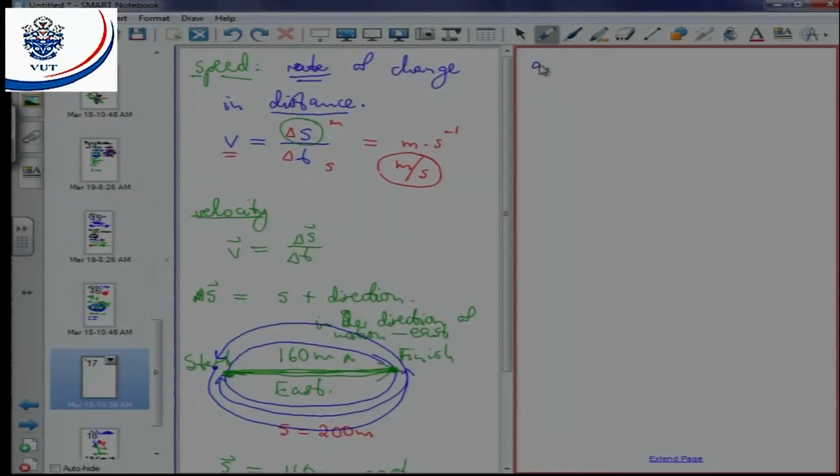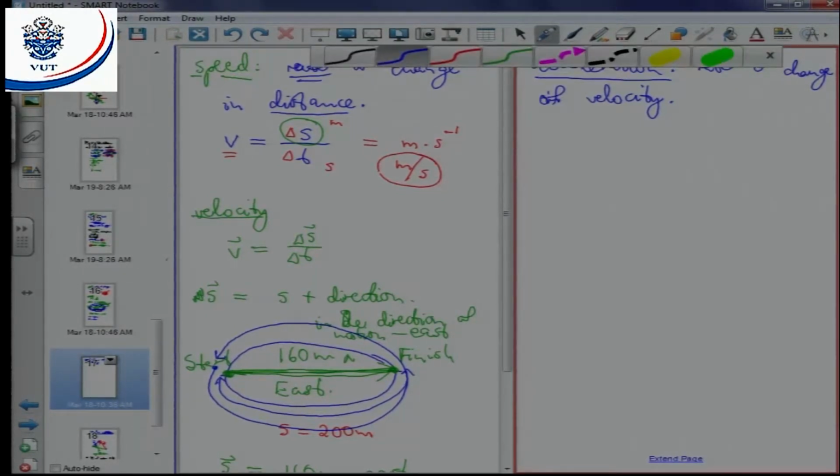So let's just write it down first. So acceleration is the rate of change in velocity. It's also a vector, so it's not the rate of change of speed, it's the rate of change of velocity. So then of course you can guess the equation.